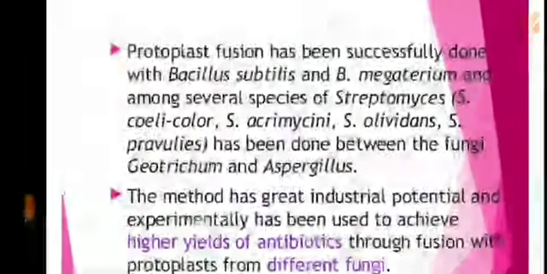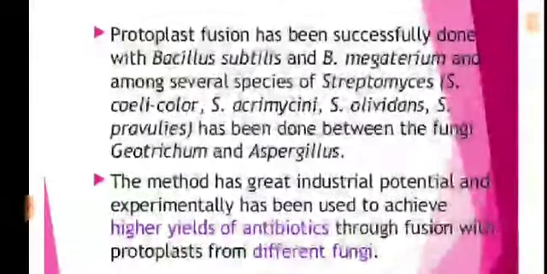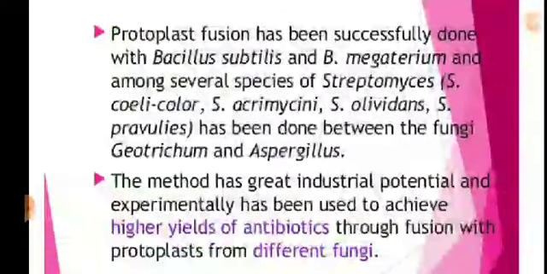So protoplast fusion is also a means of developing new cells. Protoplast fusion has been successfully done with Bacillus subtilis and Bacillus megaterium and several species of Streptomyces. It has also been done between the fungi Geotrichum and Aspergillus. The protoplasts of these two organisms are fused and we get a new hybrid cell having desirable characteristics.